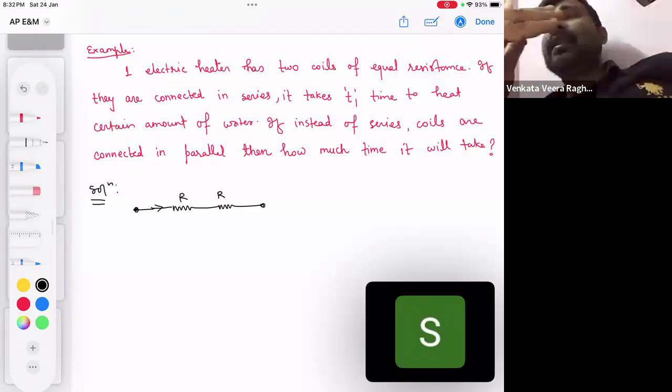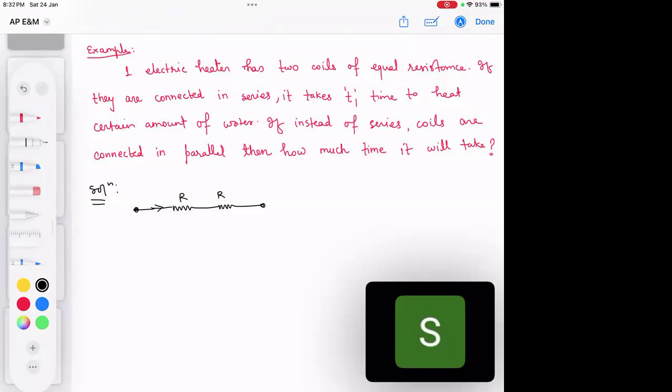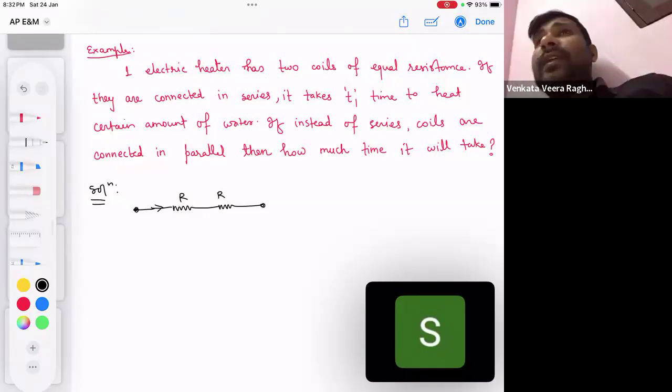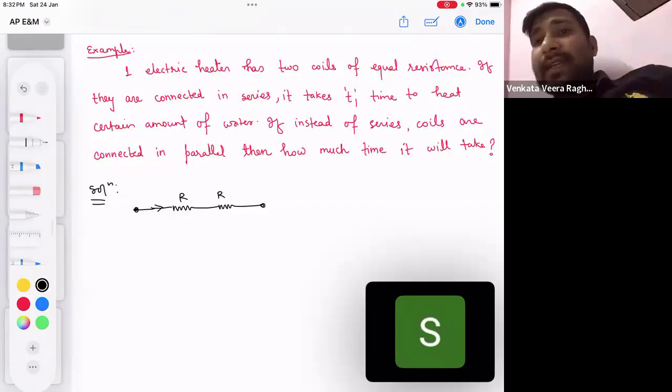Tell me, in the first part of the question and the second part of the question, what remains same? Resistance of the coil remains same. And can I say the voltage will remain same in both the cases? Yes. Because I will be connecting that heater through the same voltage.